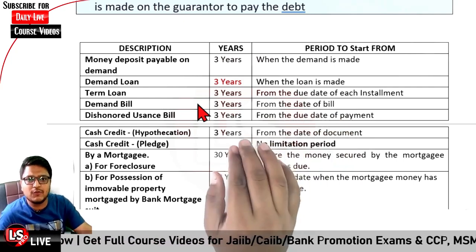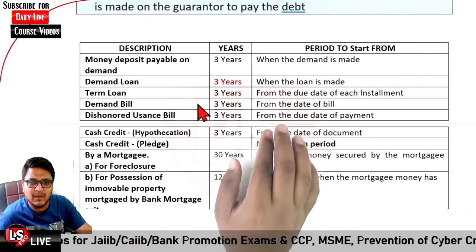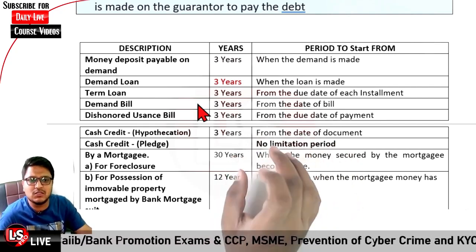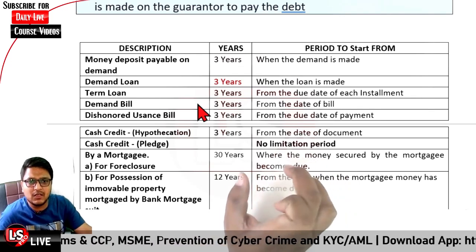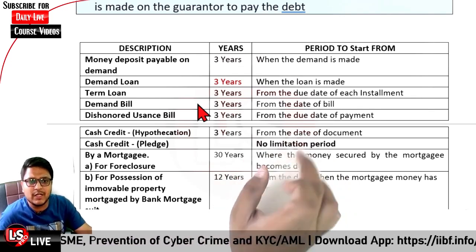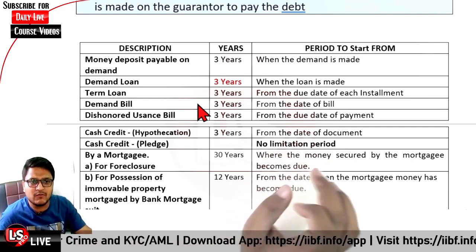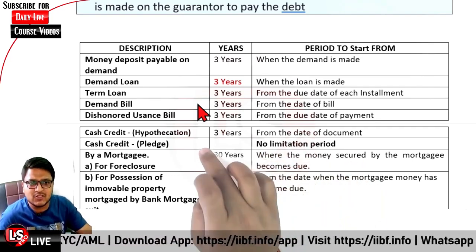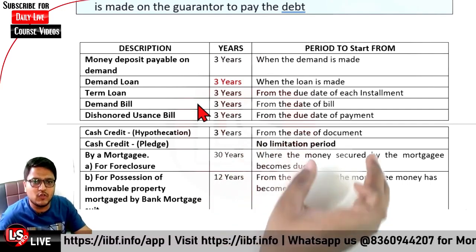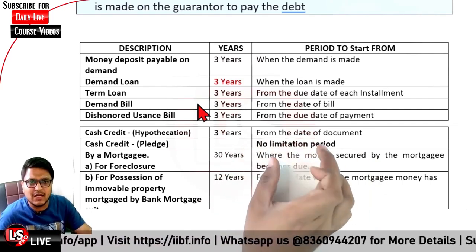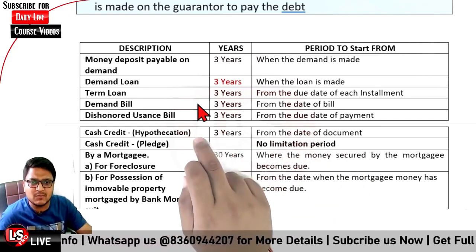And in the case of a usance bill, what does a usance bill say? A usance bill says that the payment is to be made in future on some particular date. In that case, if it is dishonored, the limitation period will start from the due date. Further, in case of cash credit, it is 3 years from the date of document where the hypothecation charge is being created.